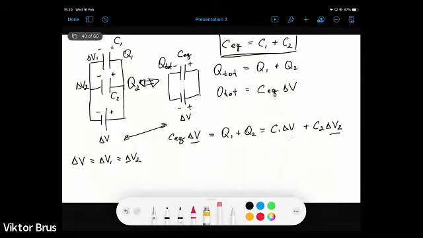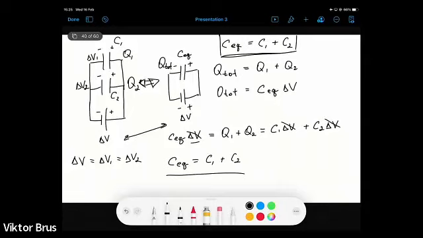We can delete this V1 and V2. We have delta V. And in this case, we can easily cancel it out, so take it out from parentheses. From left and right side, we have delta V, so we get rid of it. Eventually, we have our equation. C equivalent is equal to C1 plus C2.